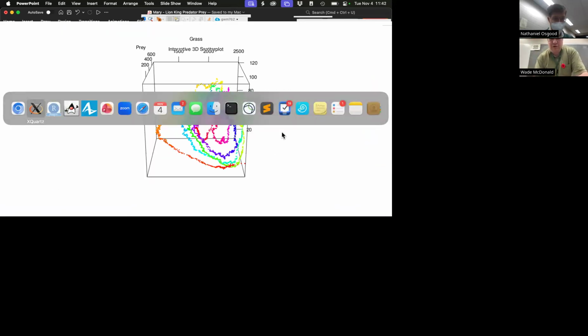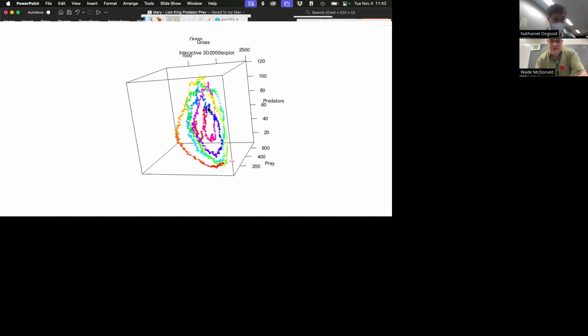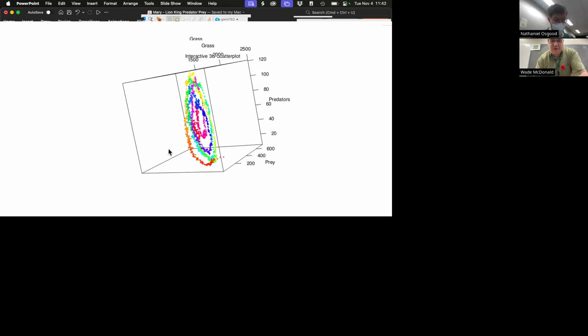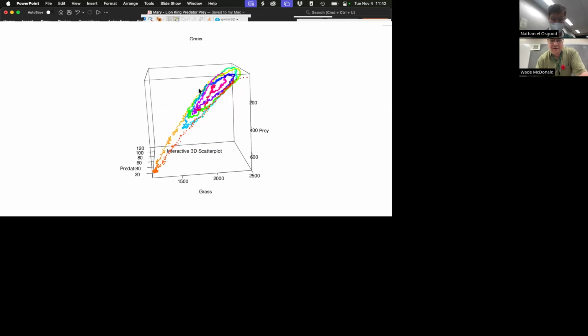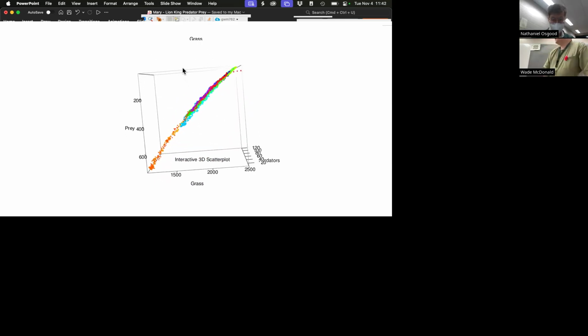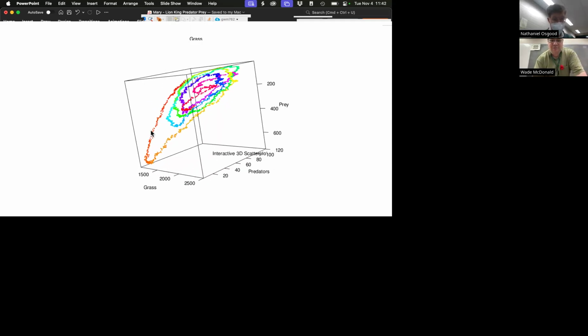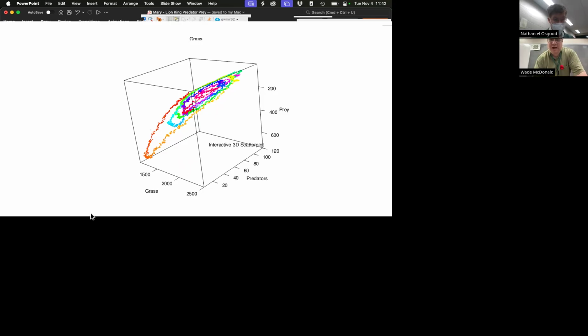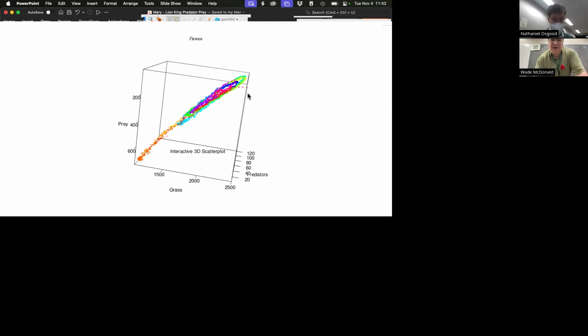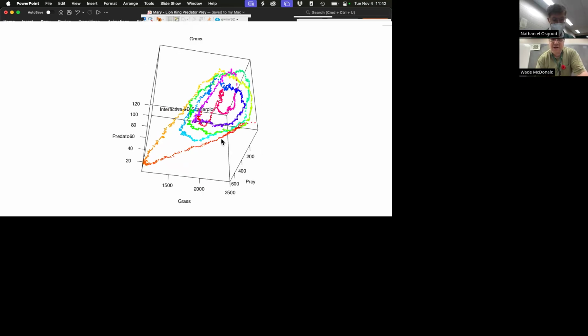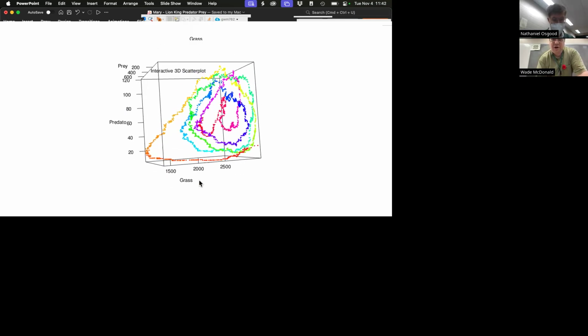So this is a manipulatable 3D version of that state space plot. On one axis, we have predators, one is prey, and one is grass. And you can see that this whole cycle, if we turn it this way, we see that limit cycle shape that we saw in two of those graphs.